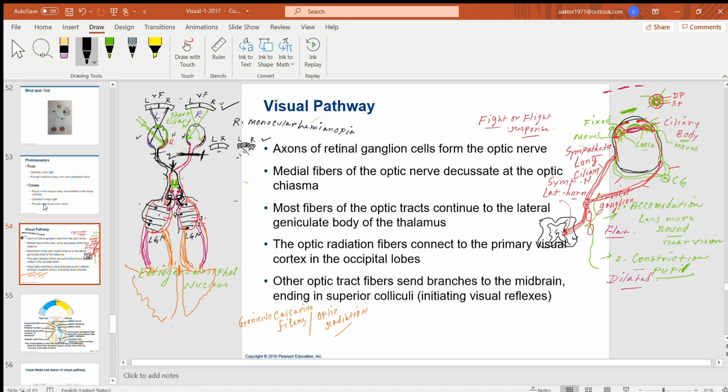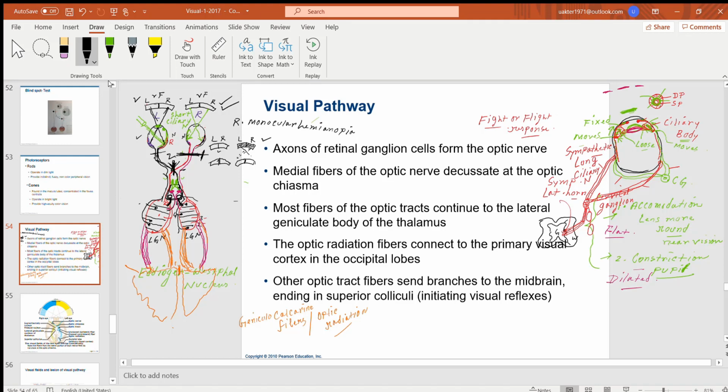Now let's see what will happen if we cut the optic chiasma here, at point 2. This is the optic chiasma, you know that. So if I cut here, then the fibers going from the nasal hemiretina of your right and left eyes will be affected. Let me draw again. Nasal side fibers mean the temporal side field, because the nasal side retina receives the signal from the temporal side visual field.